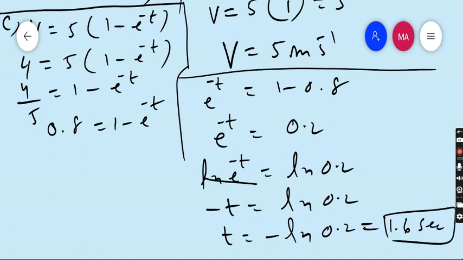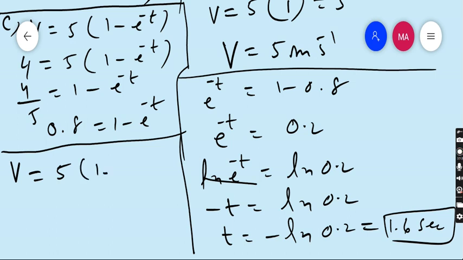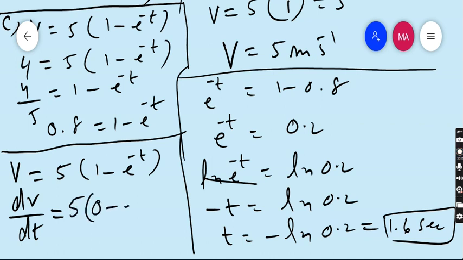But this is not our answer. Our target is to find the acceleration. So v equals 5 into 1 minus e power minus t. For acceleration we have to find the derivative. So 5 into the derivative of 1, which is 0, minus e power minus t into the derivative of minus t, which is minus 1. 5 minus minus plus e power minus t.